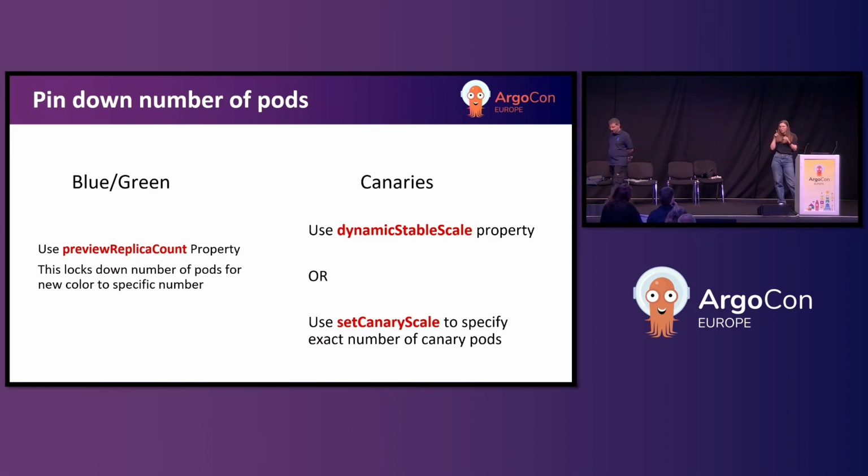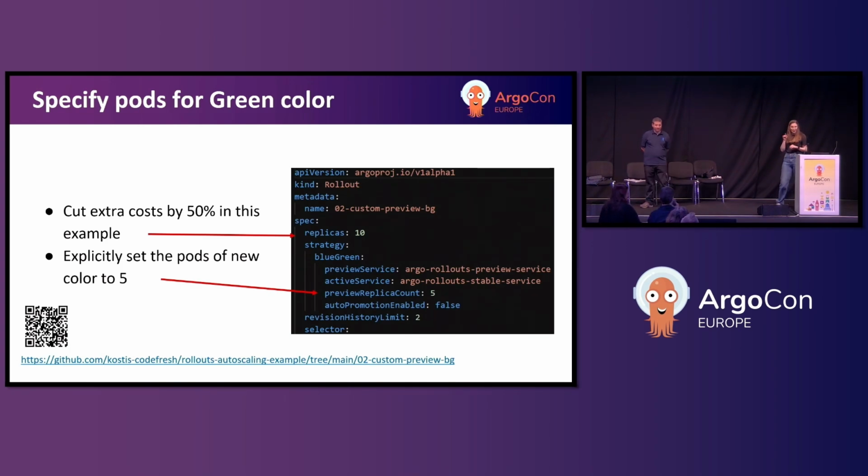In your rollout settings, the properties that are highlighted here in red can help you to manage your cost and fix a number of pods that you're going to be using throughout your deployment. So we do recommend that you have a look at these options and understand them before you go ahead to try to use HPA as a strategy.